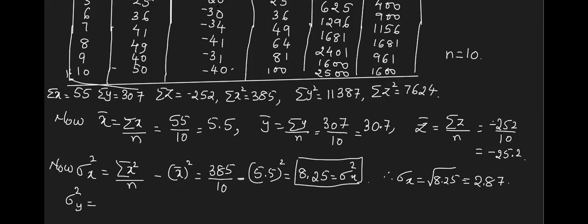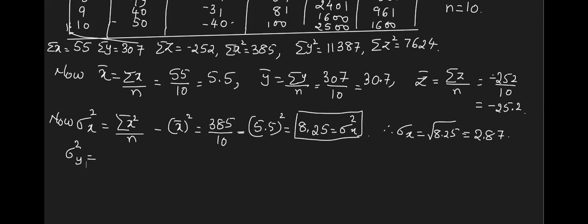Next, sigma square y. How did we calculate it for x? Similarly, you do it for y. The formula is the same. All the x should be converted to y. So sigma square y is summation of y square by n minus y bar square. What is summation of y square? 11387 upon 10 minus y bar, which is 30.7, the whole square.